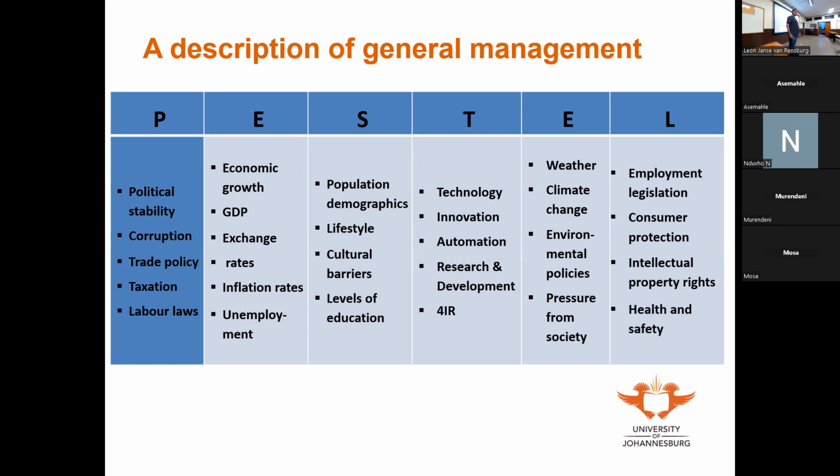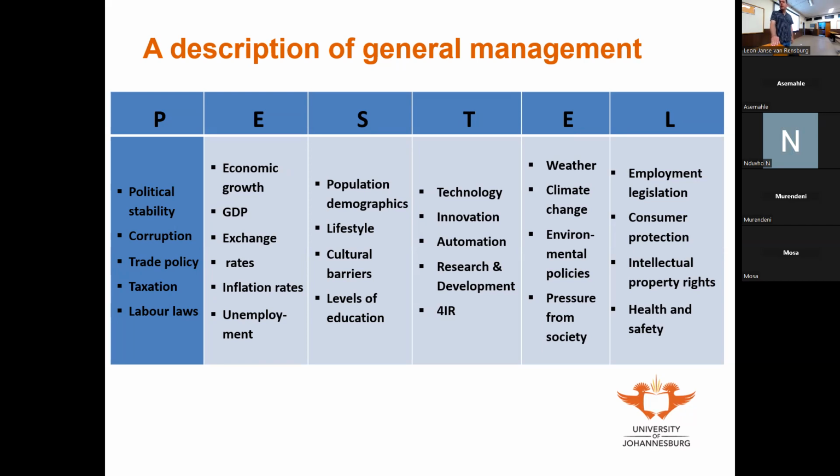If you have a farm, weather is important. If you are a university, weather is not so important. But weather can become important when it's flooded. Then it becomes important. But it's lower on the priority list.